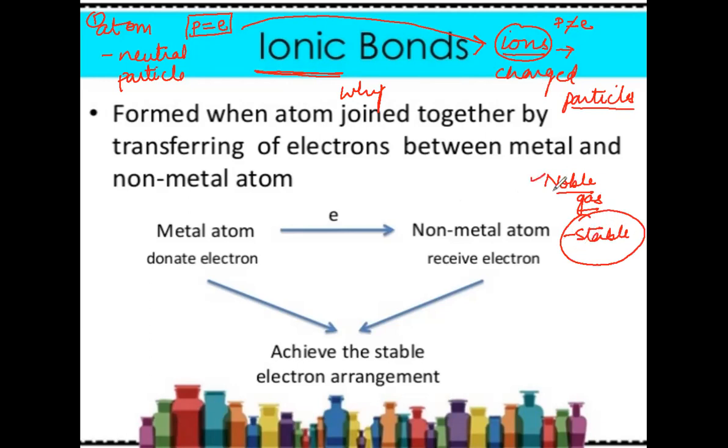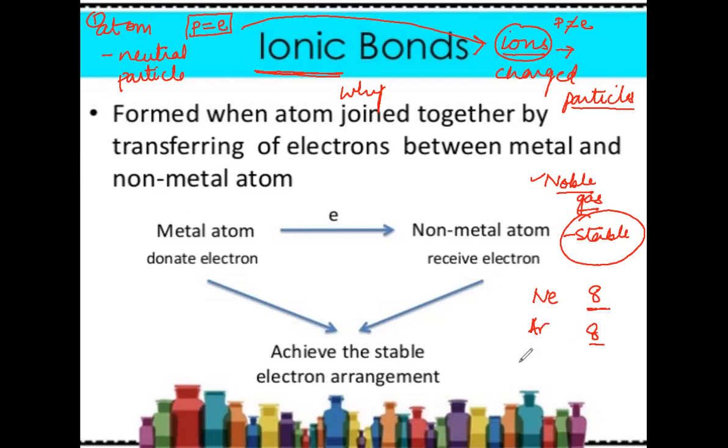Why are they stable? Their last shell has either 2 electrons in the case of helium, or 8 in the case of neon, argon, xenon, and so on. That gives them stability.